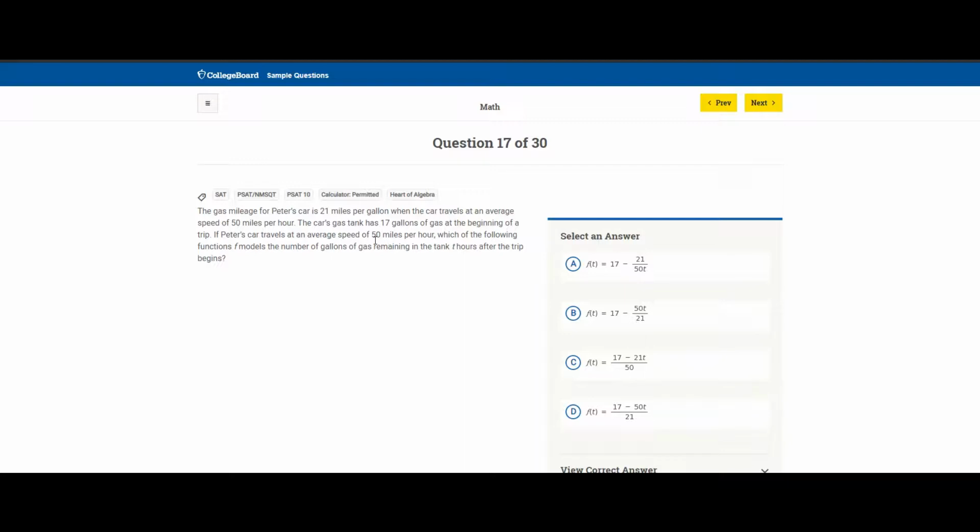Let's see, miles per gallon, 50 miles per hour, and then miles per gallon. So we end up having gallons per hour. The fact that it's gallons per hour and then I multiply it by the time should give me gallons. So miles per hour is 50. So this is the answer.